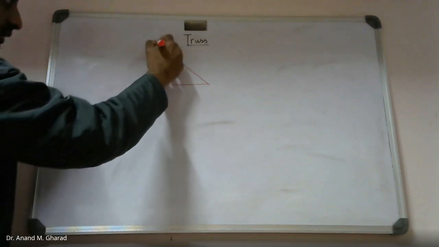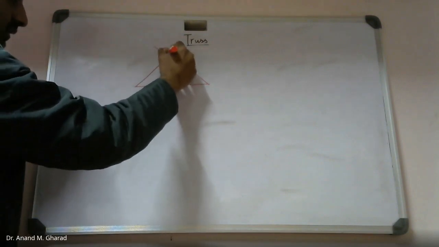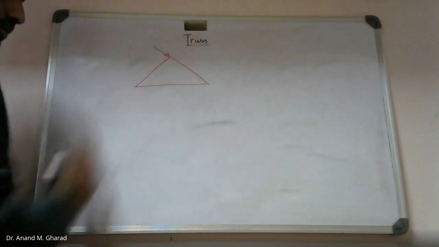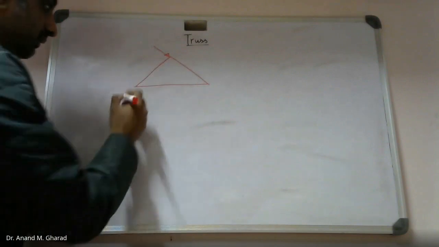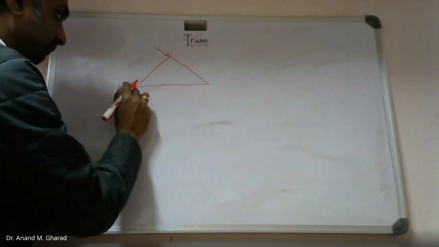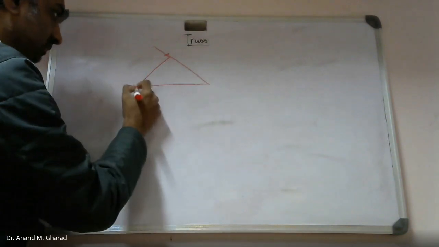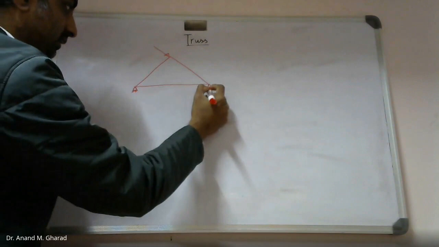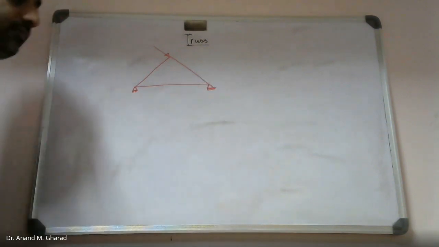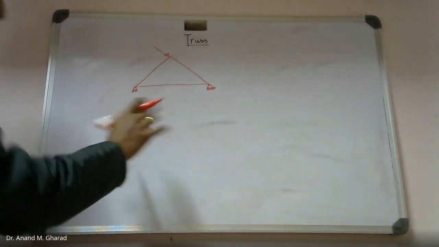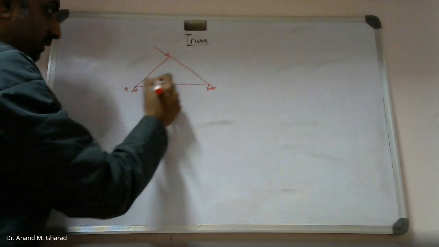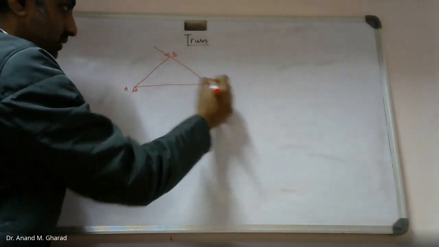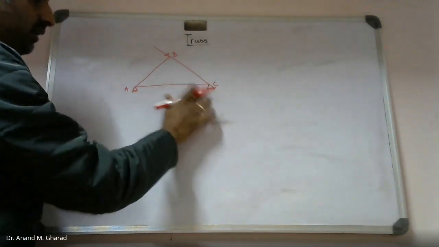For example, let's say a force is acting on this triangular shape in this manner, and I will make these two joints, one a hinge, another a roller support. For the time being, joint A and joint C are hinged and roller.